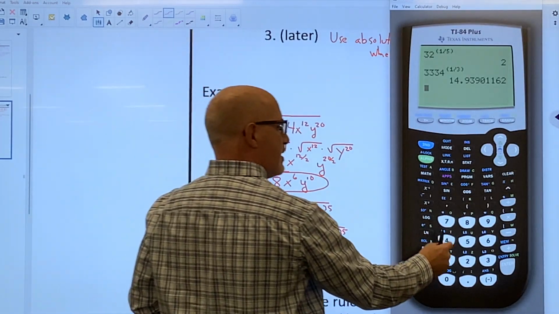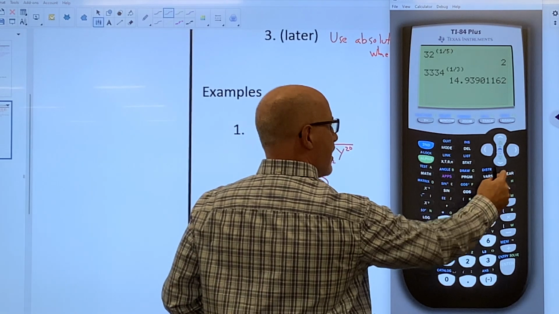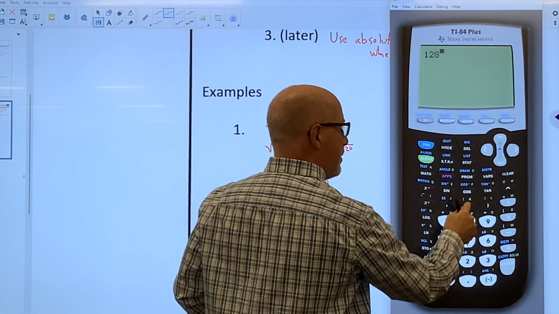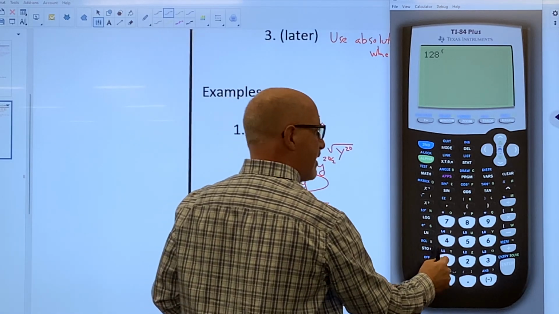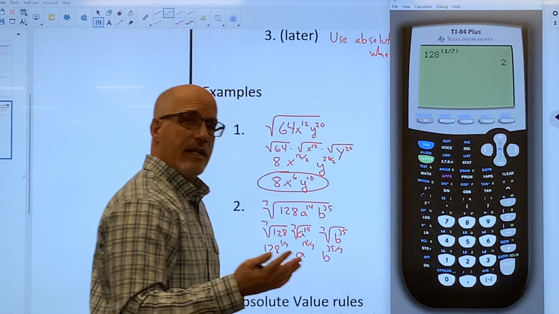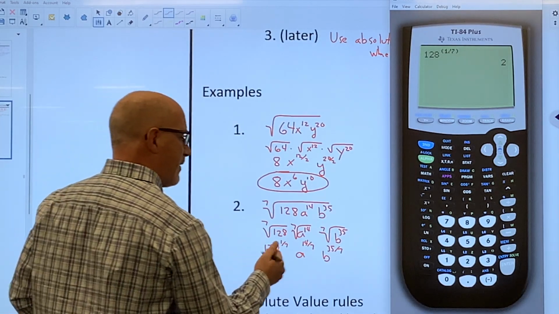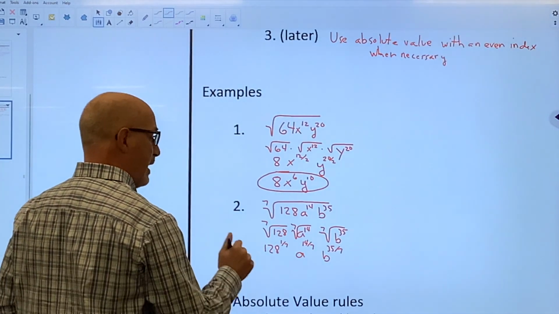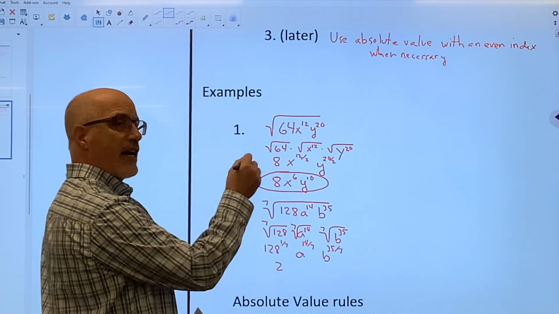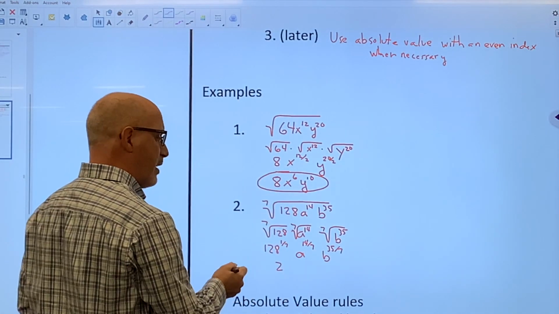So I'll go to this and say, let's clear this off, 128 raised to the 1 divided by 7th power, and that gives me a 2. Now, if it doesn't turn out nicely, we'll talk about those in a later lesson, but when you get that fractional exponent, you can use your calculator to help you out.